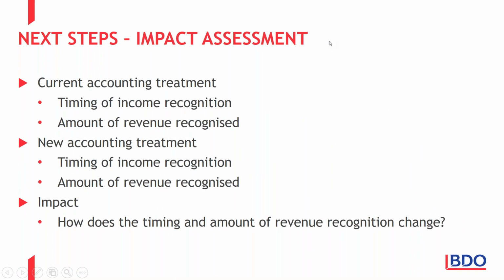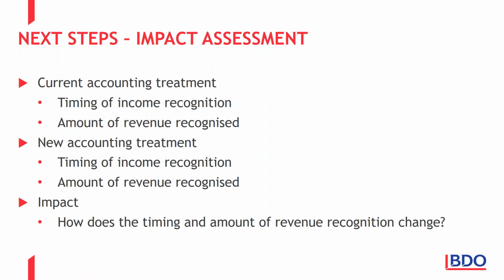Around impact assessments, at the moment, Kevin and I are really busy, and our wider team, assisting not-for-profit clients with impact assessments. And usually we structure it as follows. We first of all document the particular entity's current accounting treatment, because we know current accounting treatment can be all over the place, because the current interpretation of AASB 1004 is so different by different entities, different organizations.